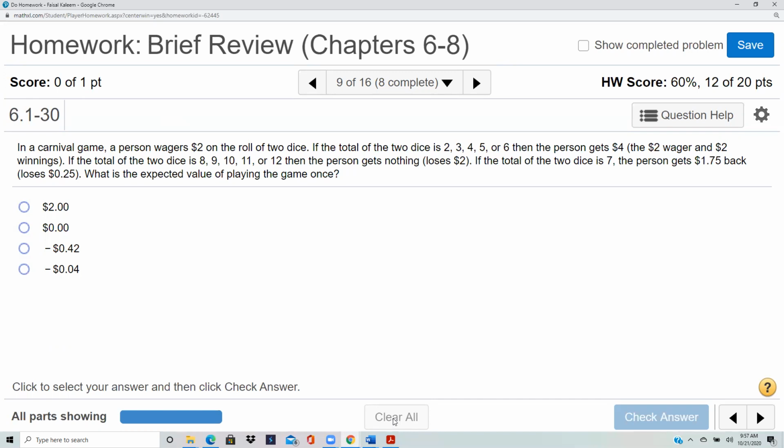You win $2, right? If the total is this, you lose $2, right? And if the total is 7, how can that be? It's never taken me this long to spot a mistake.